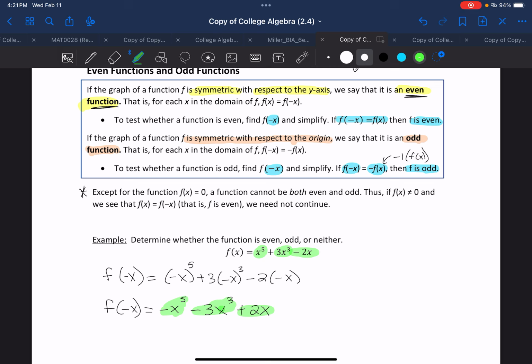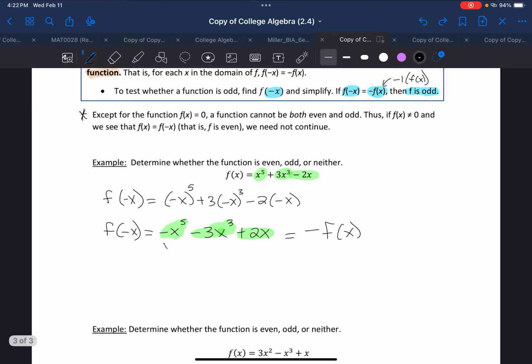And so this is the same thing as -1 times the original. If I took this function up here and multiplied it by -1, I would have to distribute it, and all the signs would change. So when all the signs change in each term, then the function is odd.